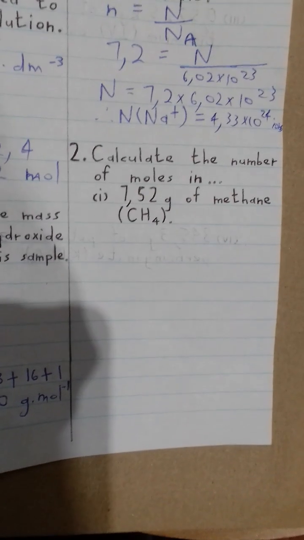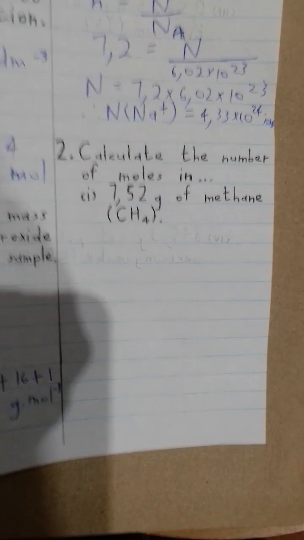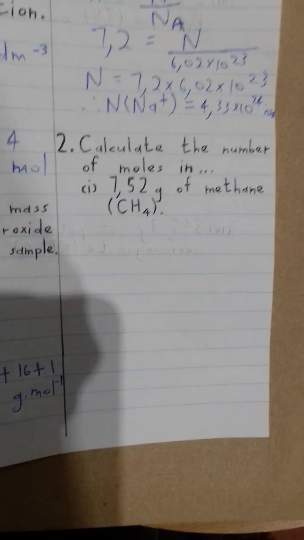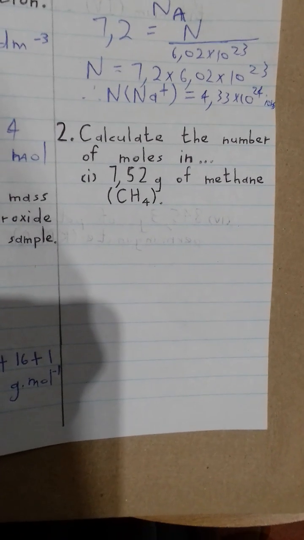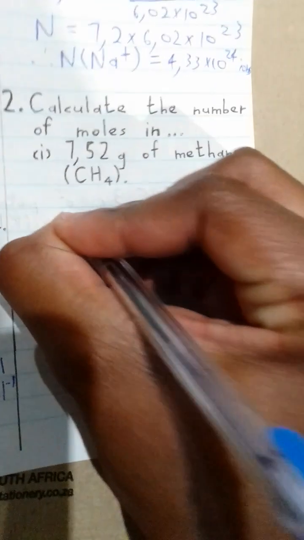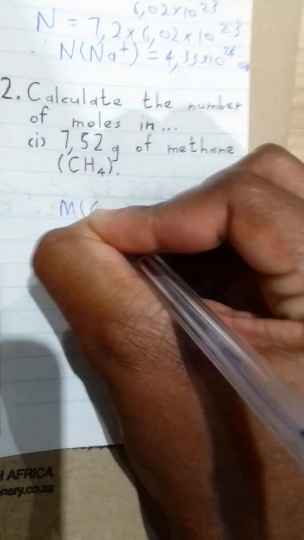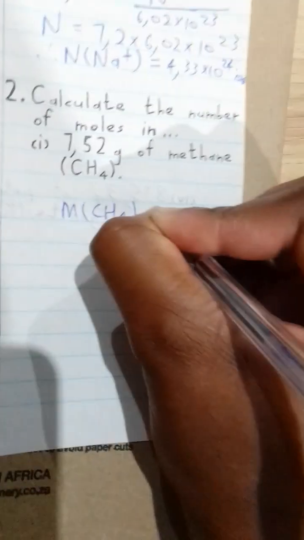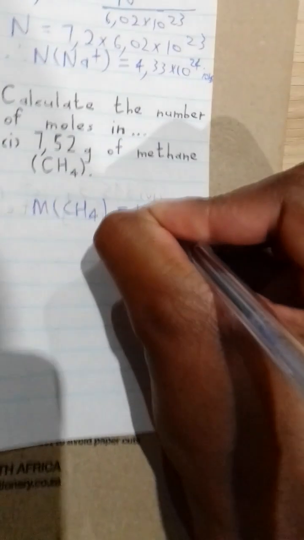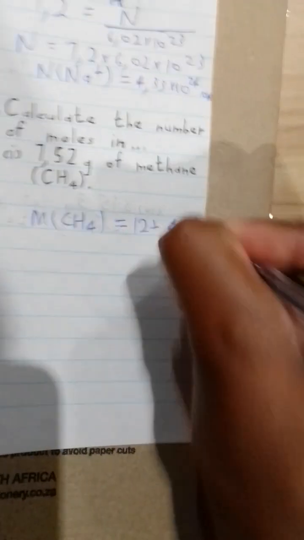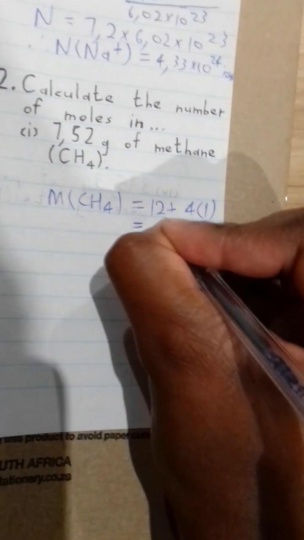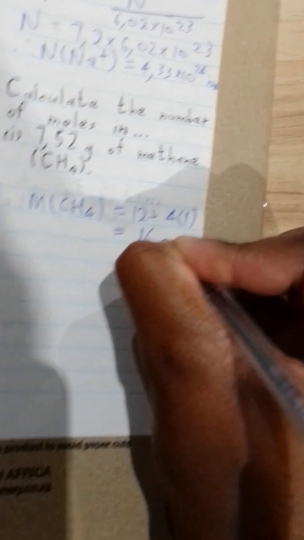Number 2 states, calculate the number of moles in 7,52 grams of methane. So the mass is 7,52 grams. You need to calculate the molar mass of methane: the molar mass of carbon, which is 12, plus 4 times the molar mass of hydrogen, which is 1, is 16 grams per mole.